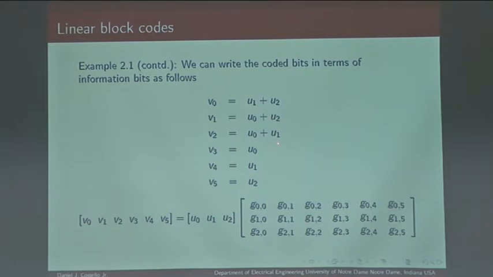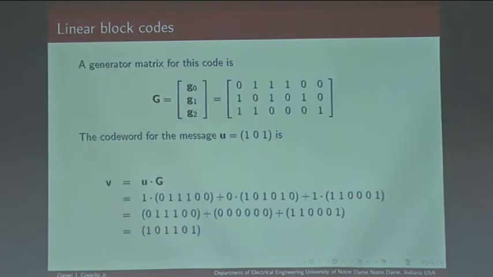Okay. And the third column should have a 1 in the first 2 positions, because we're U1 plus U2. 2 1s here, but no 1 here. And the last 3 columns should form an identity matrix. Okay, because these 3 bits are identically equal to these 3 bits. So that gives us this generator matrix.